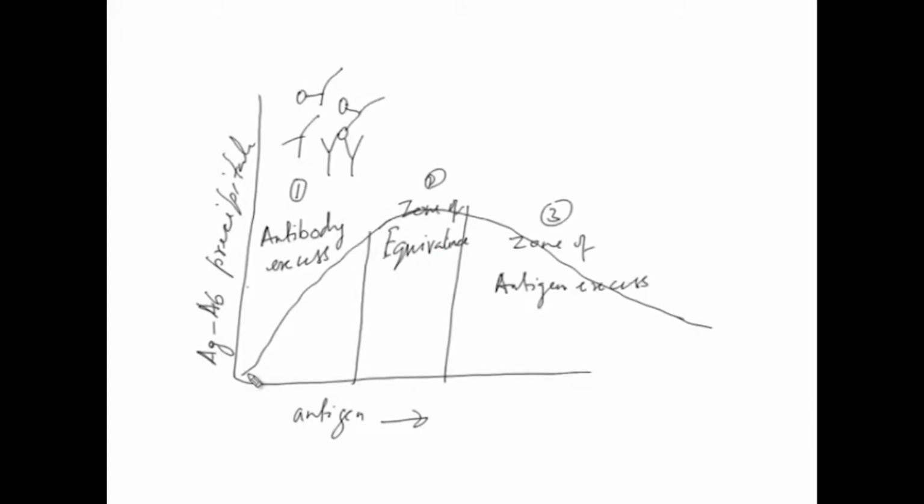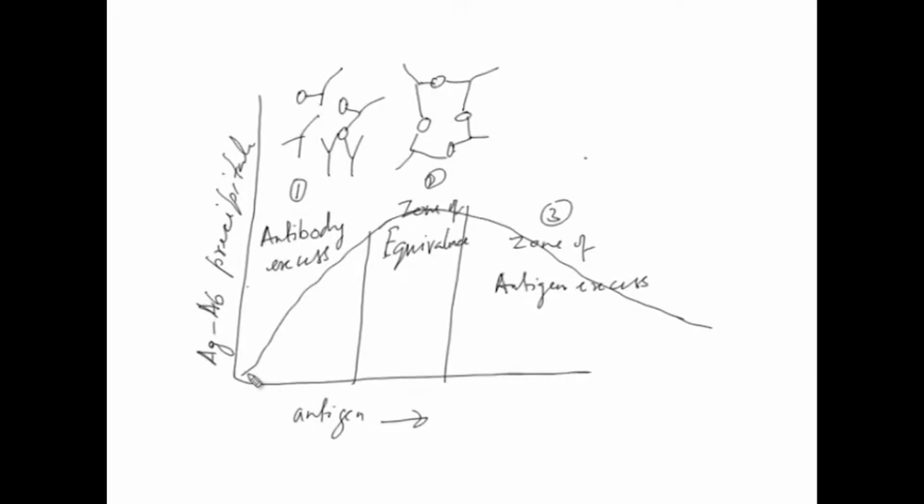Now, in the zone of equivalence, large lattice structures are formed. Like I said, if you have a lot of these equivalent antigen molecules, you will have a lot of these structures in a long range, and they will form a visible precipitate which could be centrifuged, measured, and obtained.